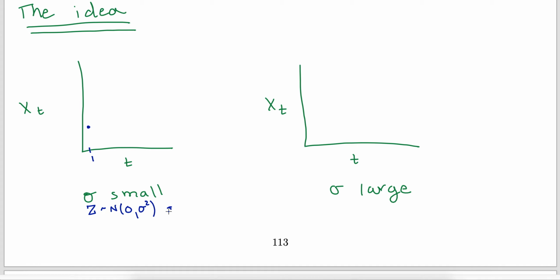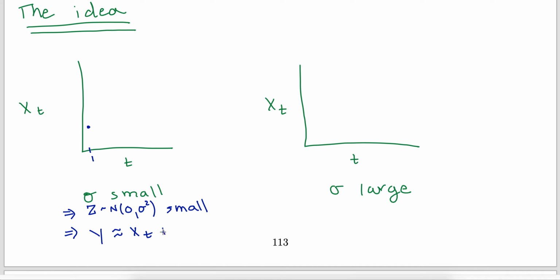So this z will also be small, which tells us that our proposed value, y, is going to be close to where we currently are.